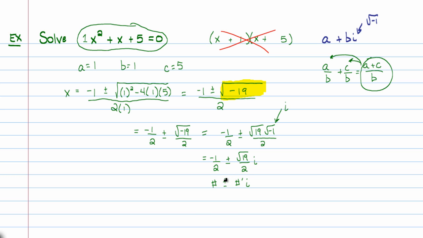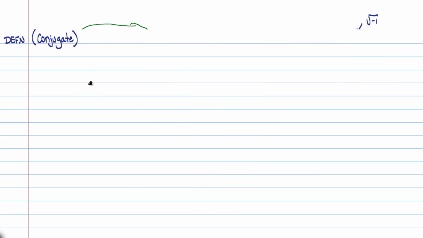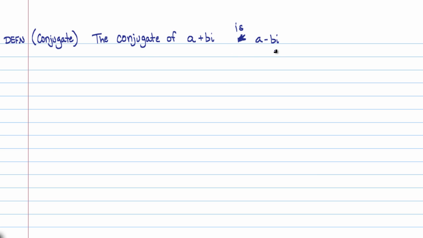This plus or minus business introduces an idea called a conjugate. Now, often I will see it written in textbooks that authors talk about this as complex conjugates, but I'm just going to call it a conjugate. The conjugate of the statement a plus bi is a minus bi.